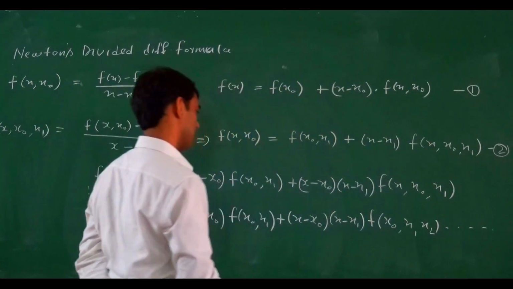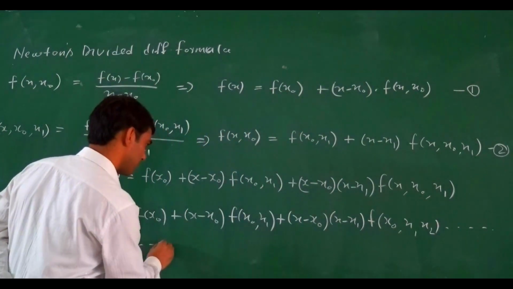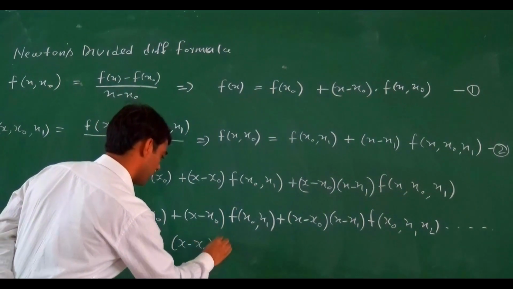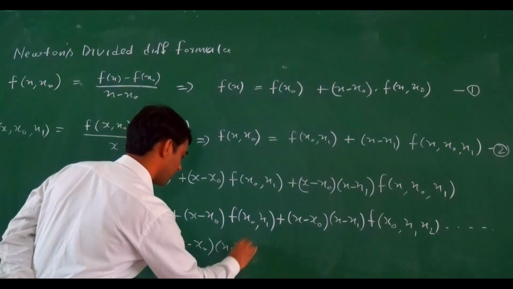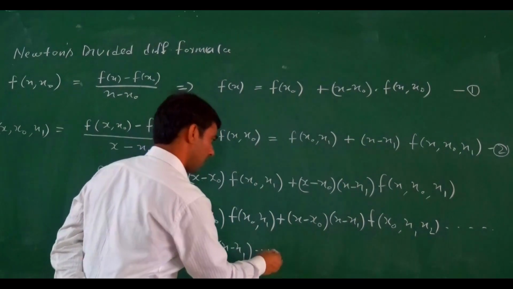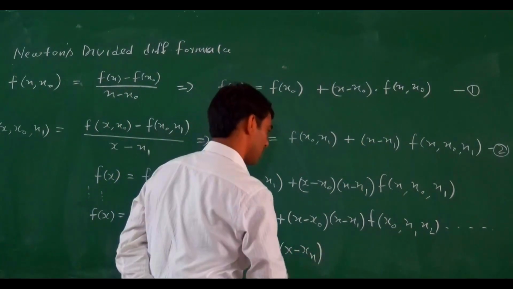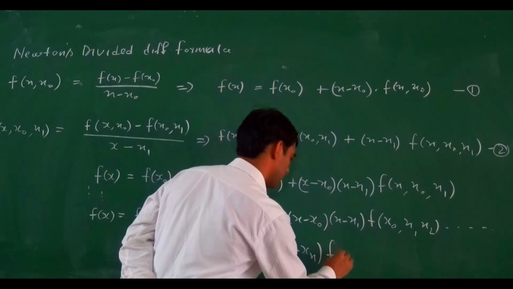Similarly, what is the last term? The last term becomes x minus x0 x minus x1 up to x minus xn minus 1 and the nth order divided difference.